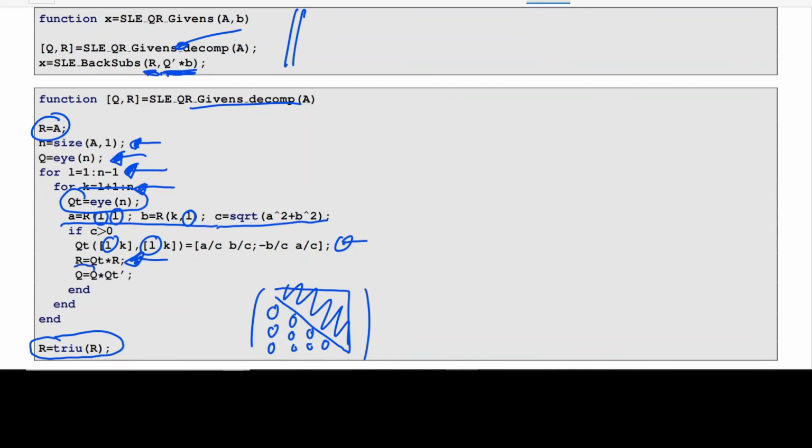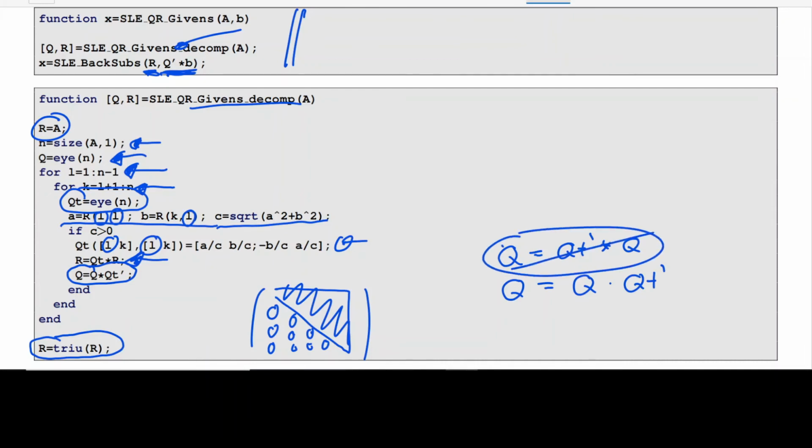And then let's collect the Q's, and it's very important whether you write Q is Q transposed times Q, or Q is Q times Q transposed. When I programmed that script, I chose the wrong one, and then I found out that this was wrong and this is the correct one.